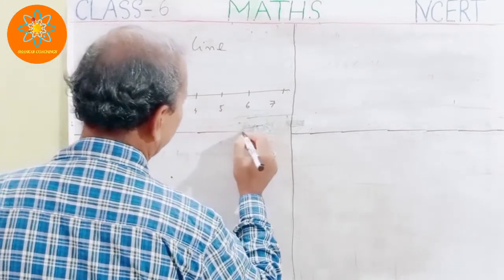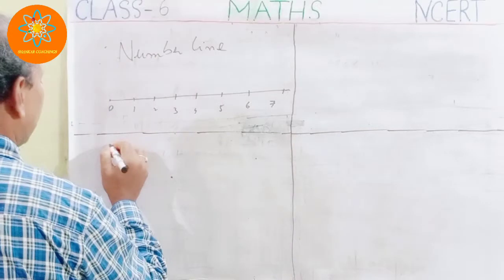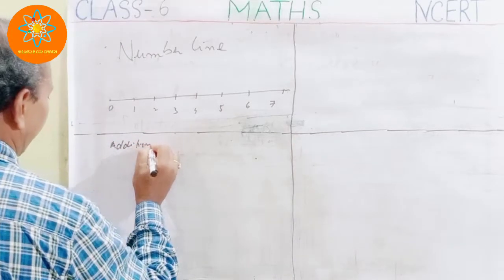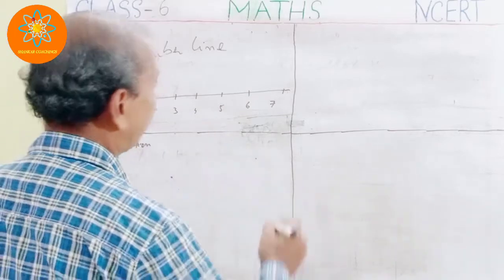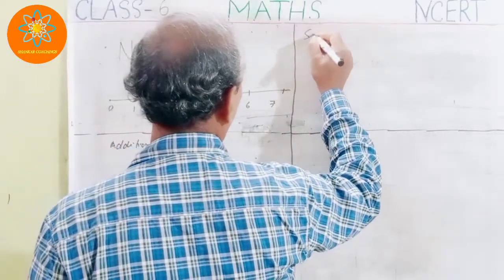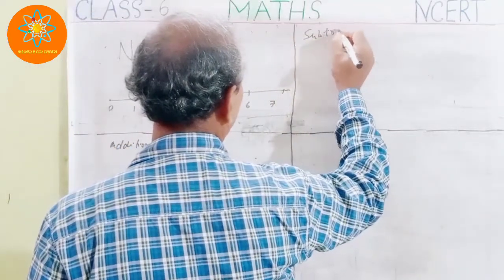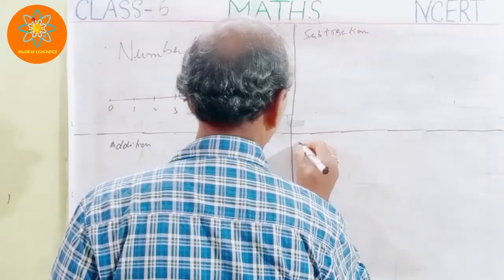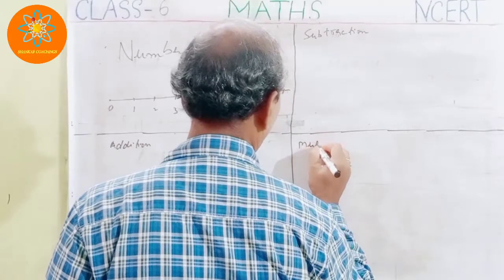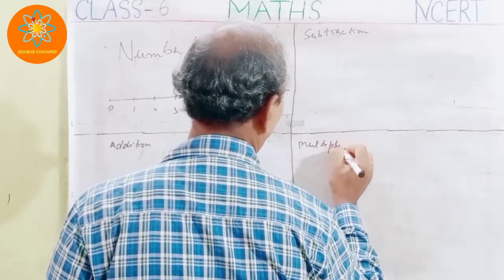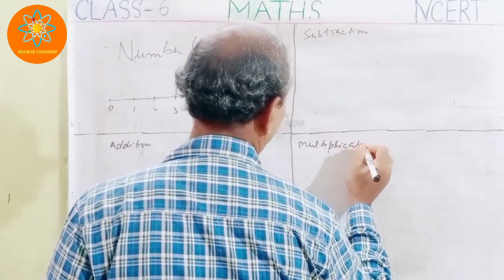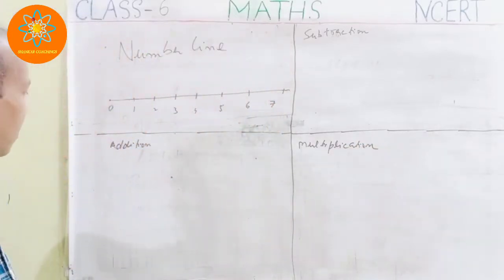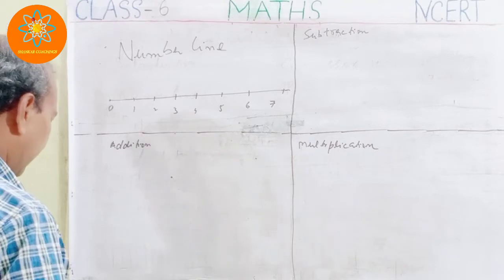One is the addition, another is the subtraction, and multiplication, with the help of the number line. Let's suppose I am taking the case of addition.